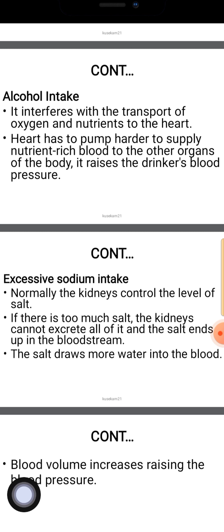Alcohol intake: you know, alcohol is highly concentrated. So when you take in alcohol, since it's highly concentrated, it will interfere with the transport of oxygen and nutrients to the heart. Now what will happen? The heart will sense that some body organs are not receiving oxygen and nutrients. They are complaining, but I'm working hard.